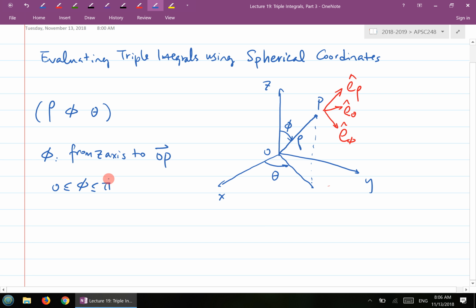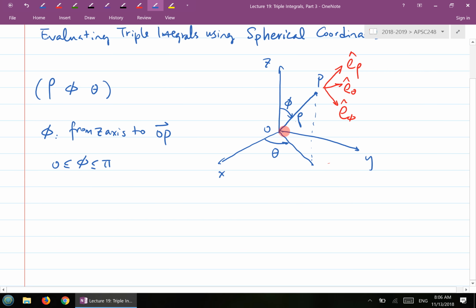If this is the z-axis and this is OP, your minimum phi angle is 0 degrees, when OP is aligned with the z-axis, or pi when it's at the bottom here. We'll see why we set a limit on phi's range between 0 and pi, and why it couldn't be more than pi.